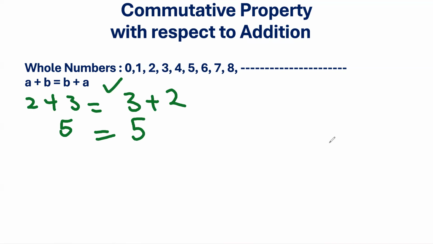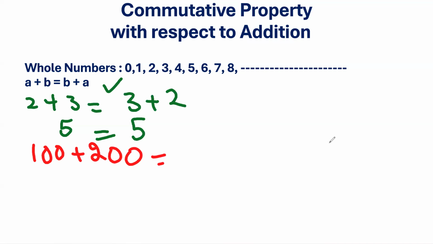Now let's take A and B, some other numbers. So I'm taking 100 and 200. A is equal to 100 and B is equal to 200. We are checking the commutative property.